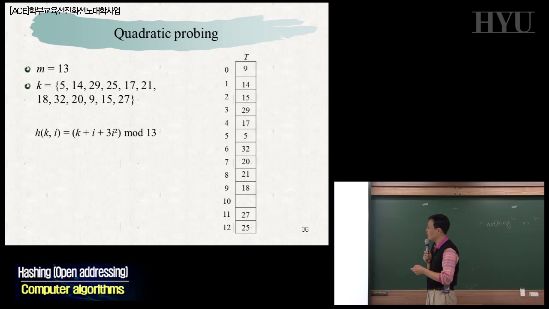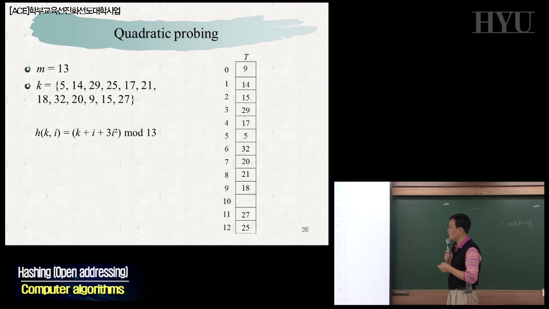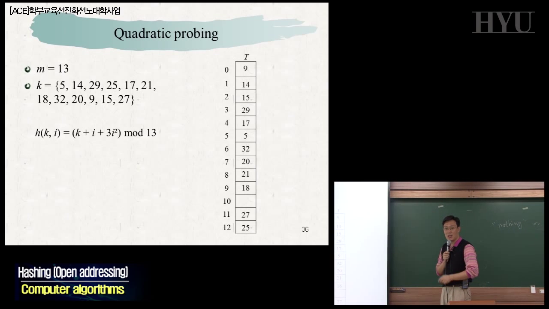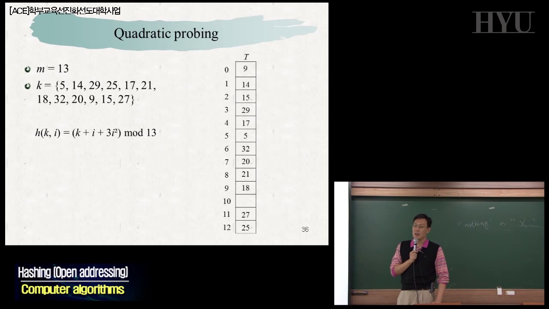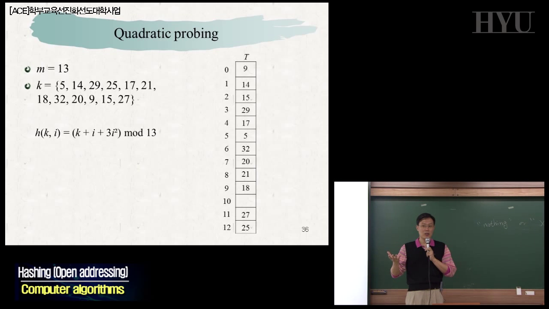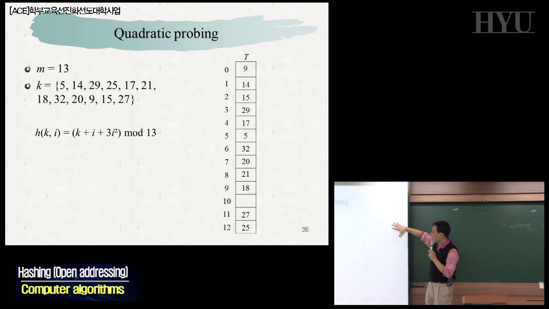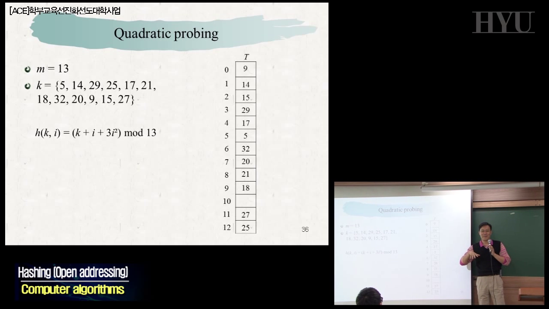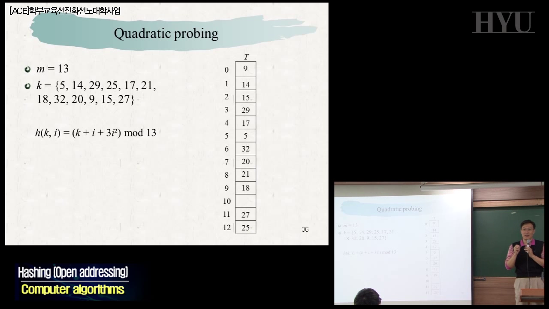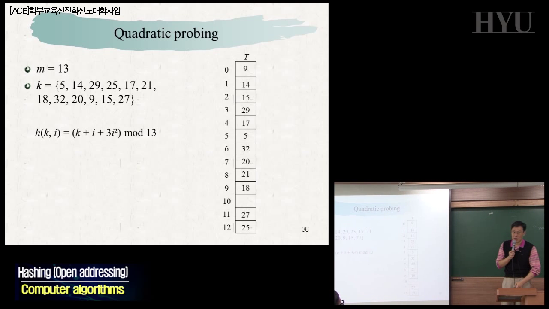Assume that two keys are hashed to this slot, and their probing sequences are the same. So, in some cases, a lot of keys are hashed to a slot. Then you will suffer a long chain of probing sequence. It's called secondary clustering.